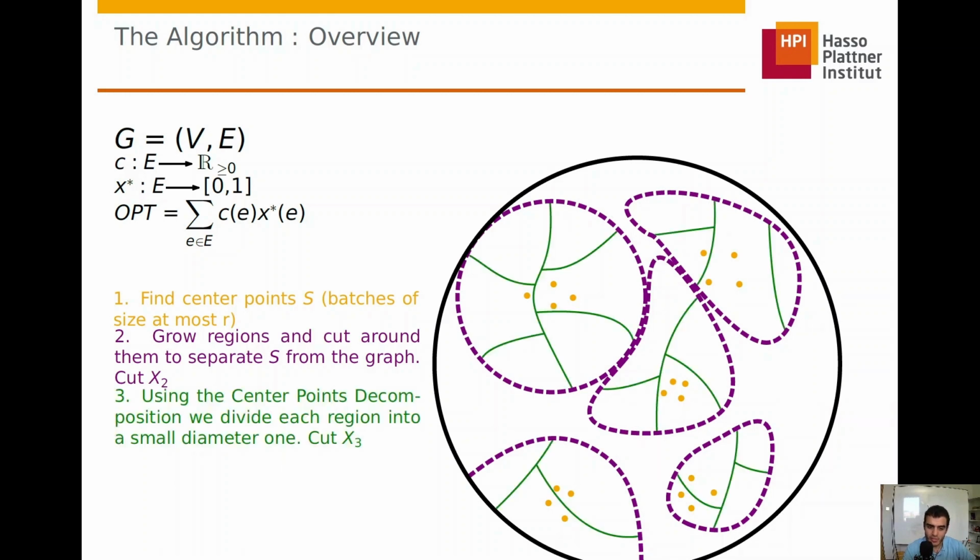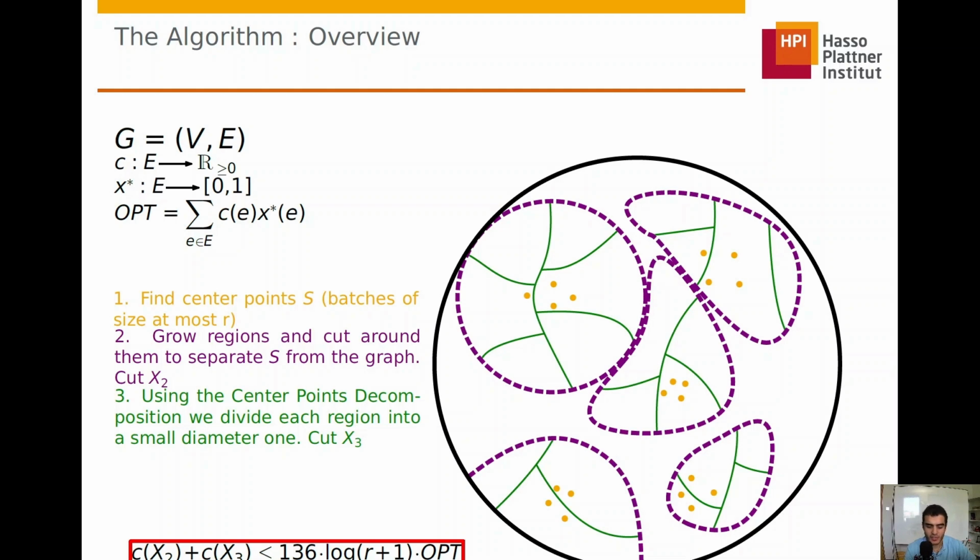And then we will use the center point decomposition that I just talked about to divide each of those purple regions into smaller regions of small diameter, namely a small diameter with beta equal 1. And then in any of those subcomponents of the graph, we have the guarantee that there are no SI and its TI living in the same subcomponent. And with this in hand, we prove that the cost of x2 plus the cost of x3 is at most 136 times log R plus 1 times the optimal solution.